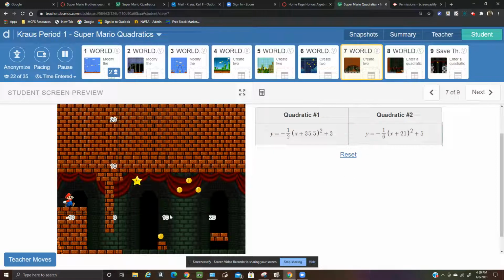Alright, here I want to make a bridge, so let's go from negative 10 to positive 11, see how that works.